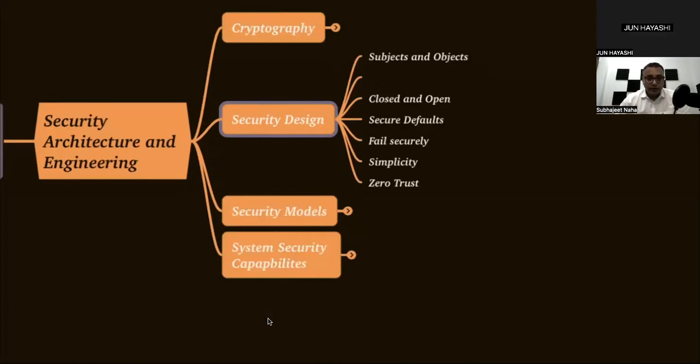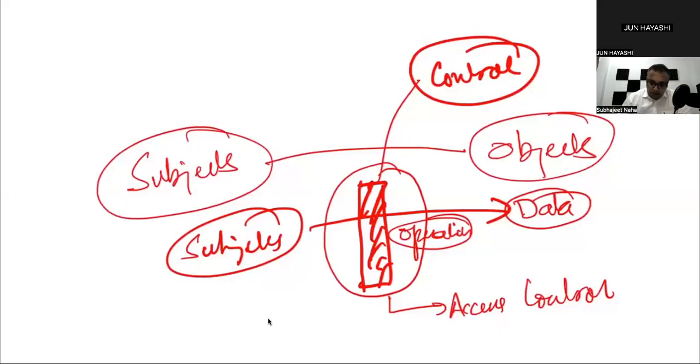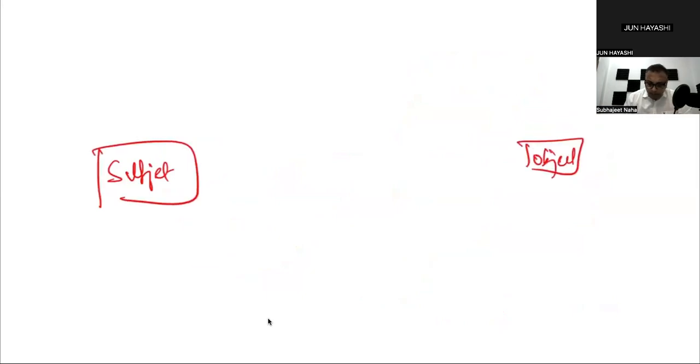When you say secure design principles, that means you have to understand the concept of subject and object, which I already told you. The moment you have a subject and an object, there's some control in between, right?